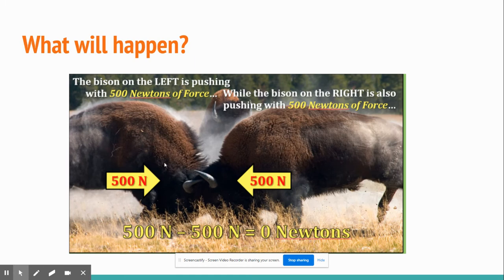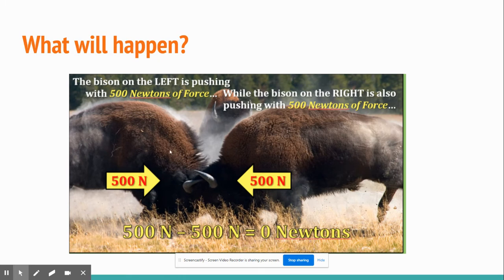Here's my little bison buffalo. Well, he's not that little. Here he is. I guess it's a he. And if this one on the left is pushing this direction with 500 newtons of force, and this bison on the right is pushing this way with 500 newtons of force, then what will happen? Nothing.